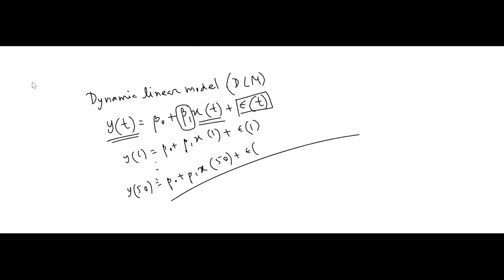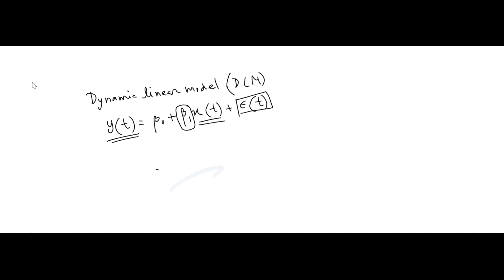What I am assuming is that the relation between the y variable and the x variable, how that is explained today, should be explained exactly in the same manner after 49 days, on the 50th day. That may not be correct, and may not give you a good result. So what if we assume that this beta, which determines the relationship between y and x, is also changing? The dynamic linear model actually considers such a setup.